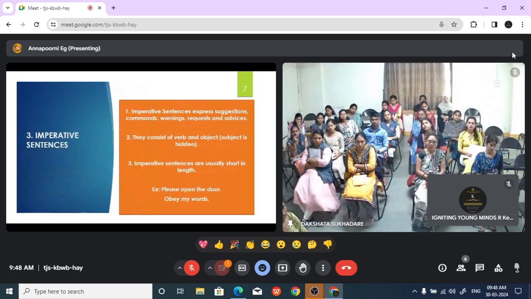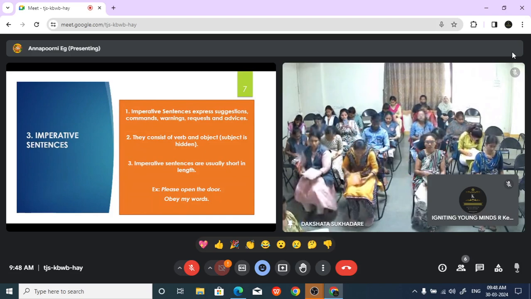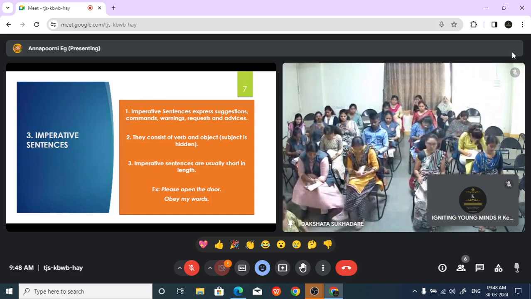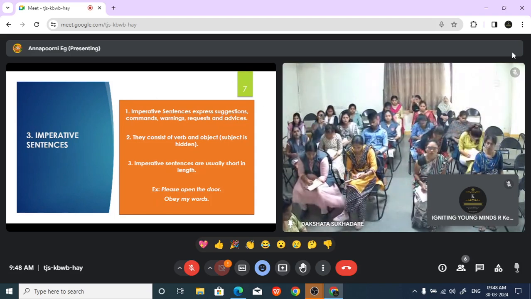Okay, so let's move to the next type of sentence, that is imperative sentences. So imperative sentences are very simple. These sentences are meant to show a specific purpose. There is a special use for imperative sentences.